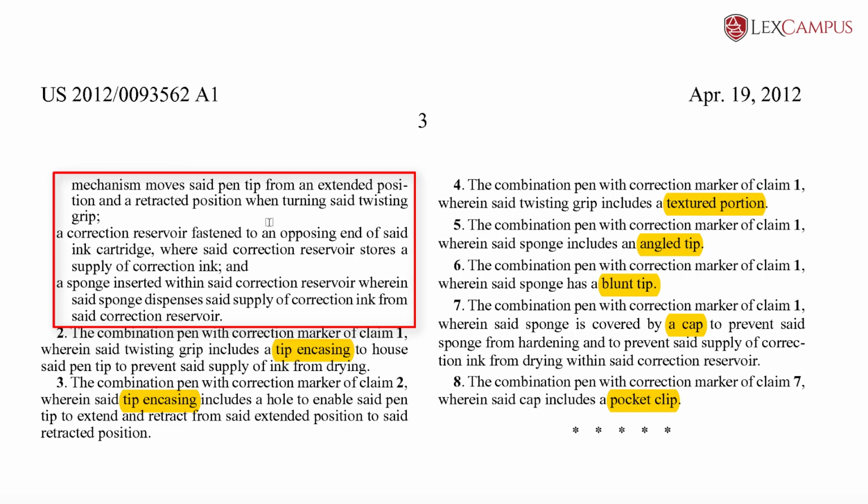It can be from a retracted position, it can move to an extended position. Like you would have seen in most twisting pens, all the ballpoint pens which worked on the twisting mechanism, is what we call a plunger mechanism. So the plunger is a choice of word which this inventor has used. Now, the next element, a correction reservoir fastened to an opposing end.